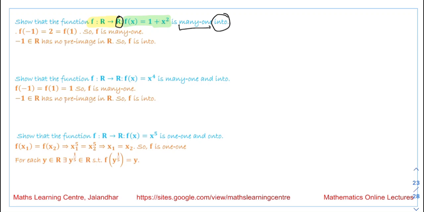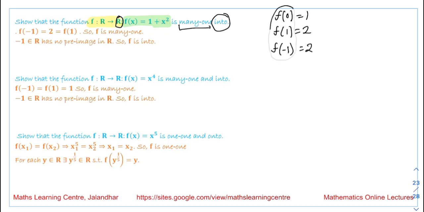So suppose I am talking about the number 2. We start by writing the image of the element 0, the answer we obtain is 1. If we write the image of the element 1, the answer we obtain is 2. If we write the image of the element minus 1, the answer again is 2.